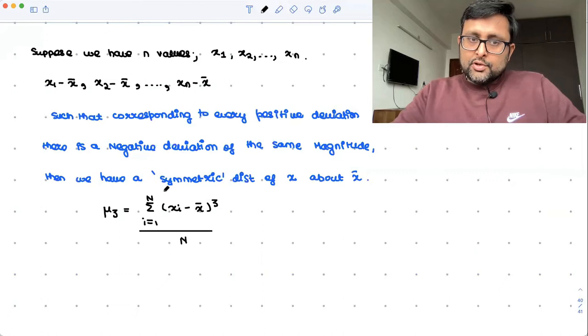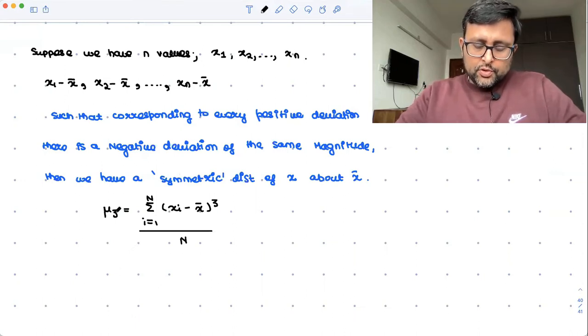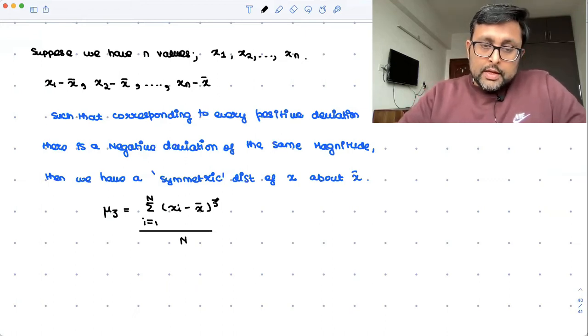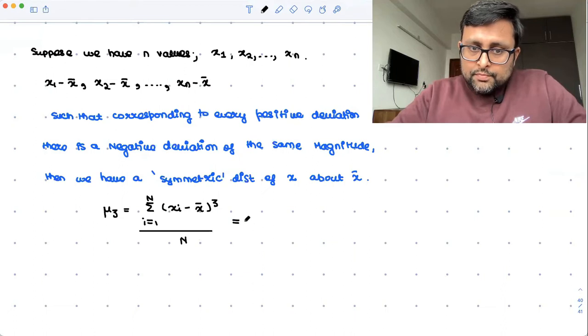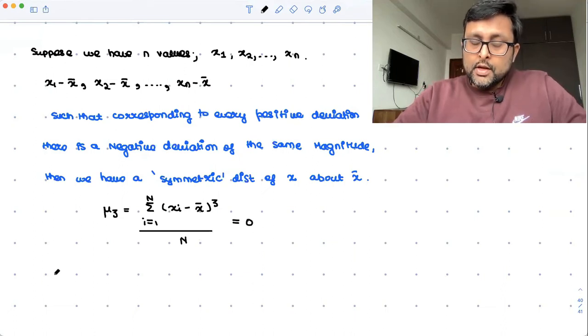So I hope you understood this symmetric distribution, because the deviations are canceling out each other. So this is a symmetric distribution. And in case you take the third central moment, of course, this is a central moment, so it means it is around the mean. This is also going to be equal to 0, right?